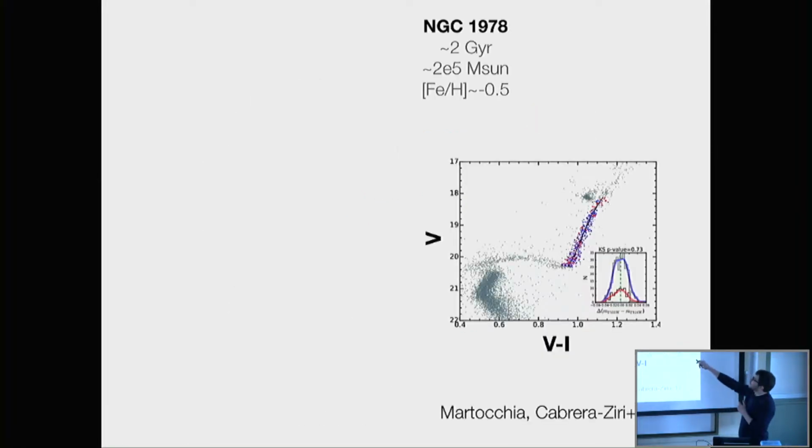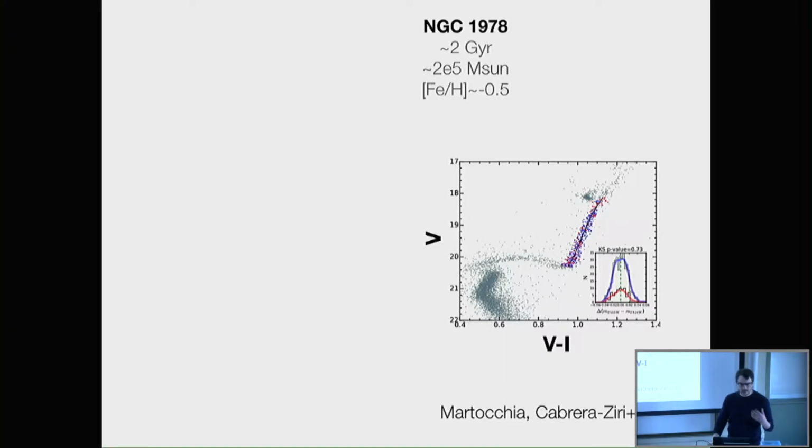So this is the youngest target in our survey. Here I'm showing you a V minus I CMD, which is not sensitive to chemical variations. Here I'm showing you the two different stellar populations in this cluster. In this CMD, where you see the distribution along this ridge line, they all lie within each other.